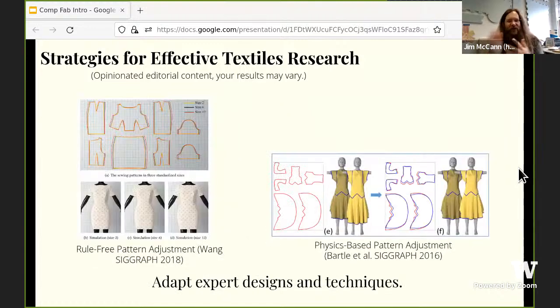And finally, and I think this one is maybe not used as much universally, is this idea of adapting expert designs and techniques. So you see this a lot in cut and sew pattern sizing or adjustment, where starting with one carefully designed thing, a whole slew of new things can be derived using physics or optimization.